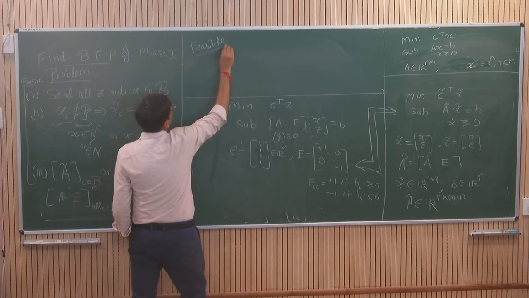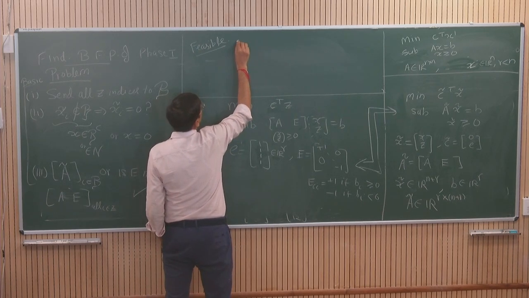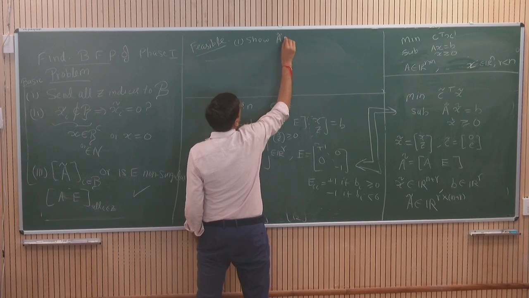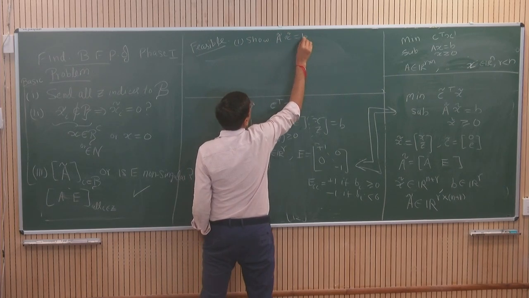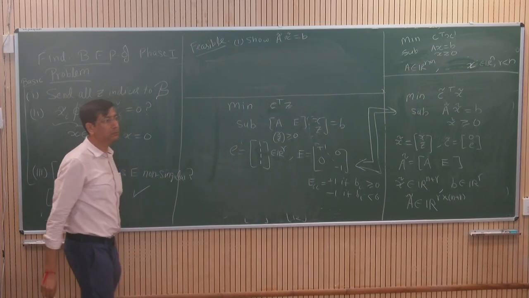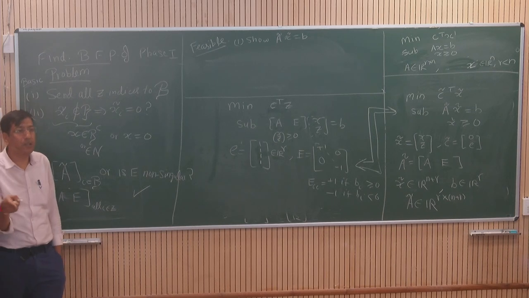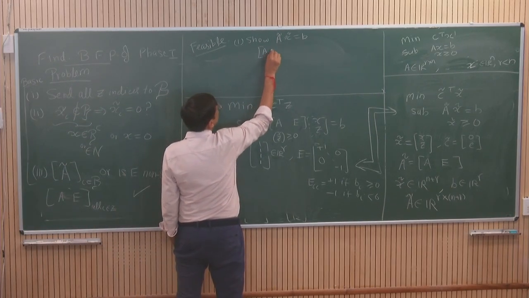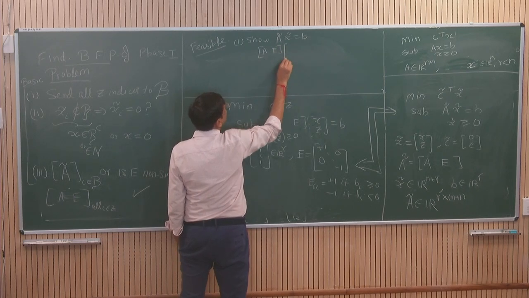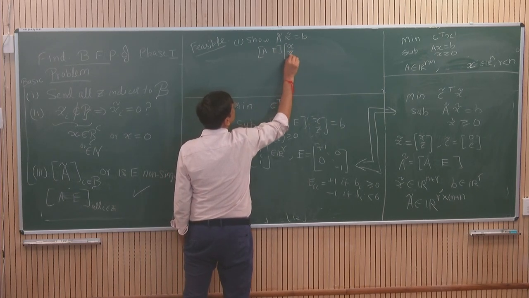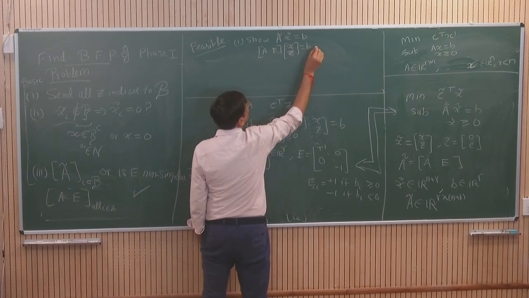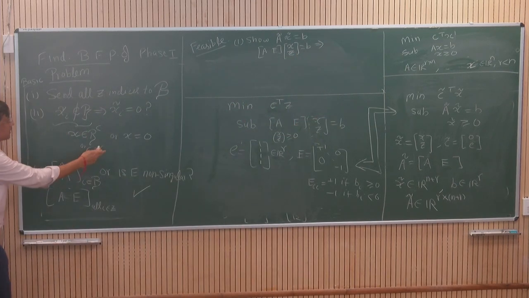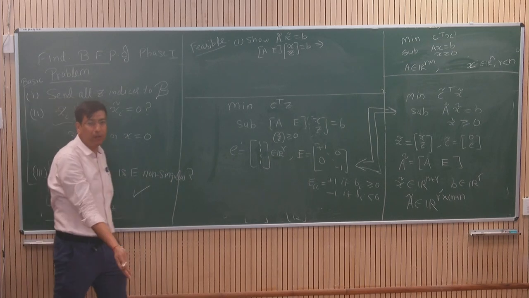The first thing in the feasibility we have to show is A tilde x tilde is equal to b, for the given x tilde. Let's just substitute it. What is A tilde? It's A and E. What is x tilde? It's x and z. And this is b. What is x? It's 0, the set of active constraints which are the complement of the B set.